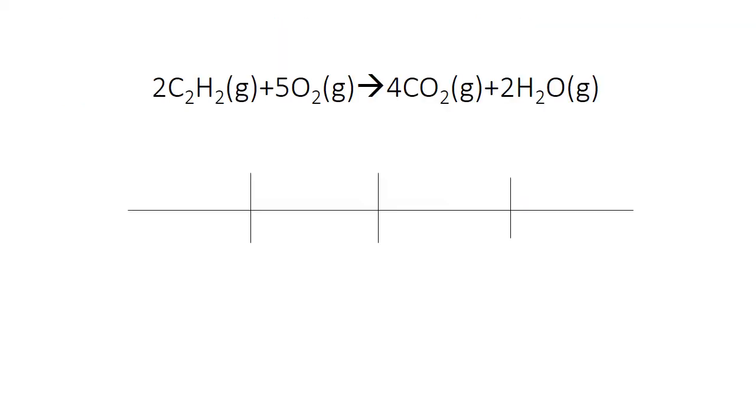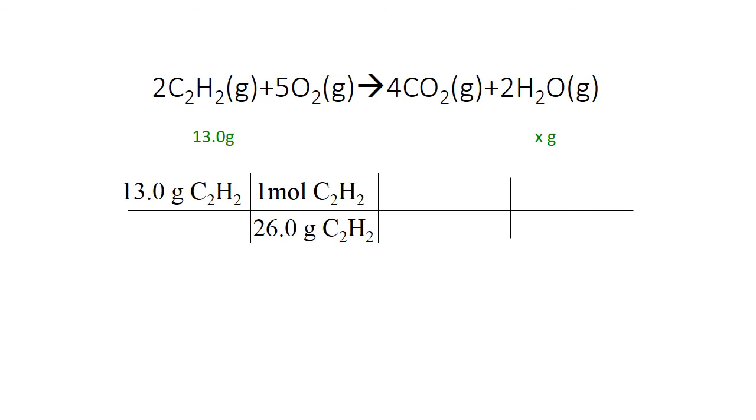Now to do our calculation for water. We start with our 13 grams of ethane converted to moles of ethane. Now we want water from the balanced equation. Mole ratio of water to ethane, it's 2 to 2 or a 1 to 1. Then we multiply by the formula mass of water.